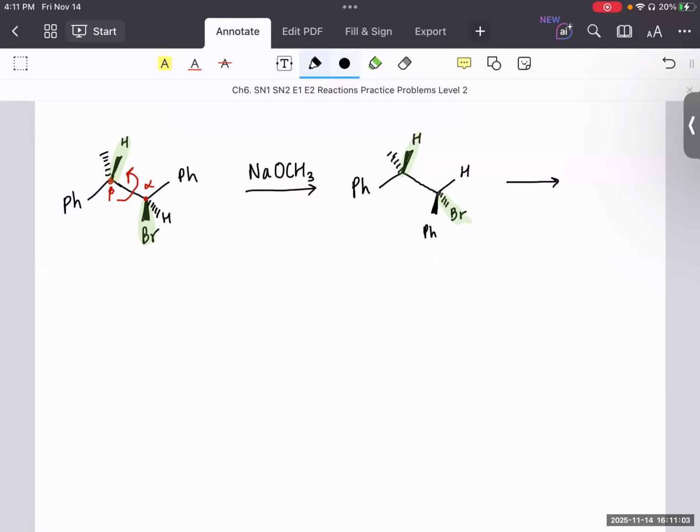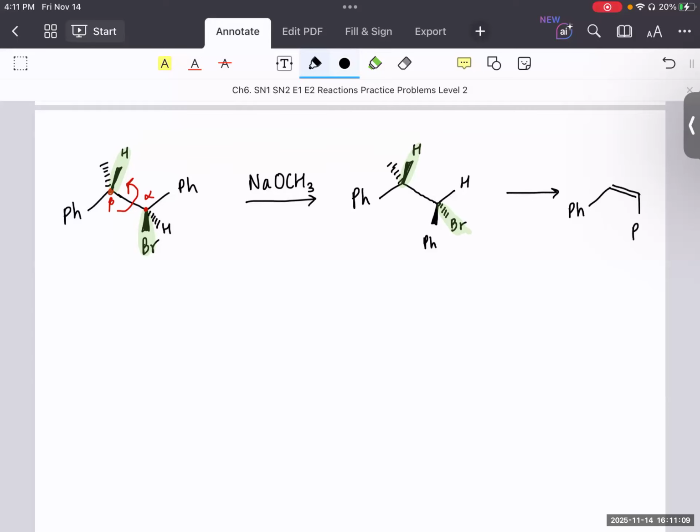And so when we draw our product, we get the double bond here. And those phenyl groups are on the same side. So we can see that in this structure, that hydrogen and this group are on the same side of the bond, while the phenyl are on the other side of the bond.